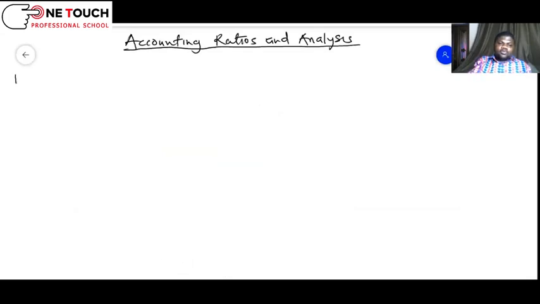Number 1, we are looking at profitability ratios. Under profitability ratios, we have the following: the gross profit margin, net profit margin, operating profit margin, and then return on capital employed. So we have what we call the gross profit margin.